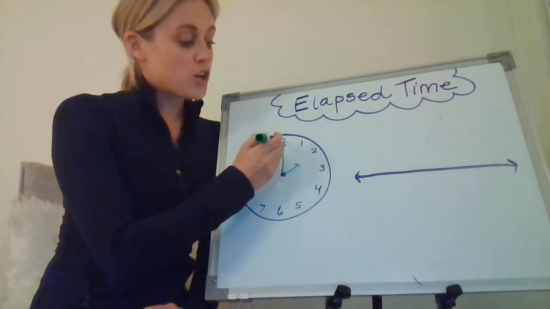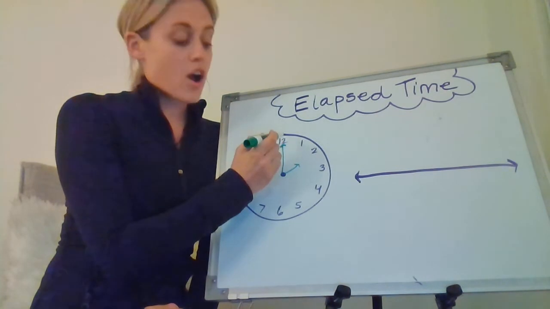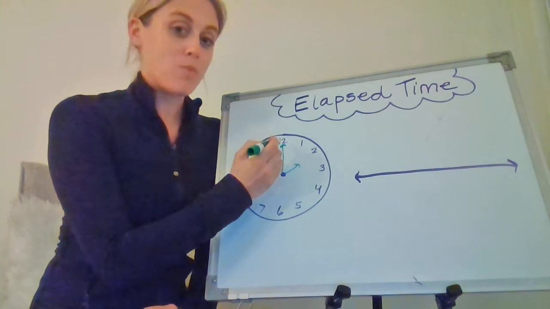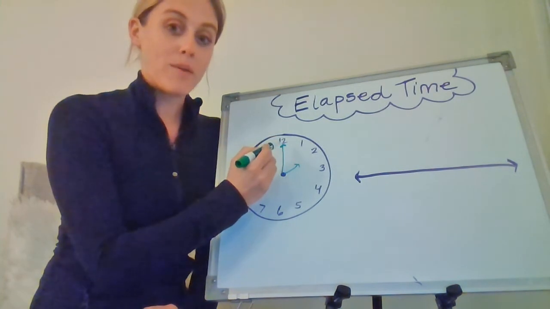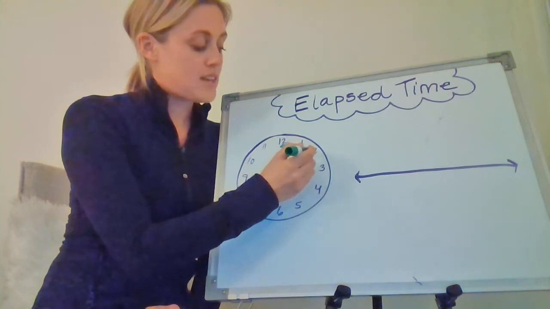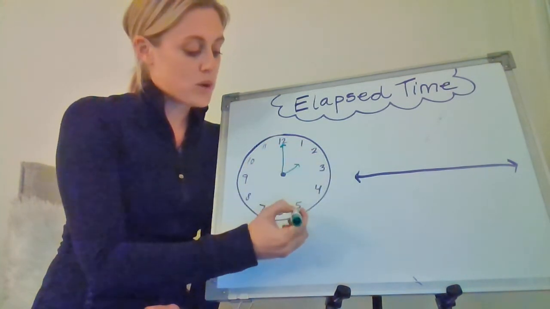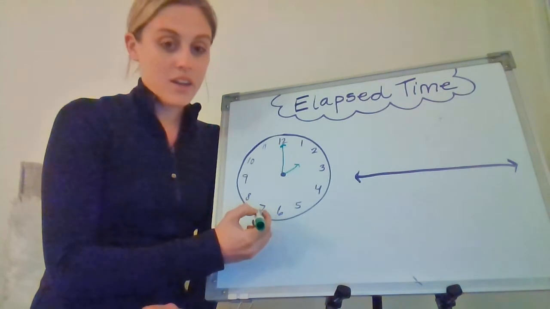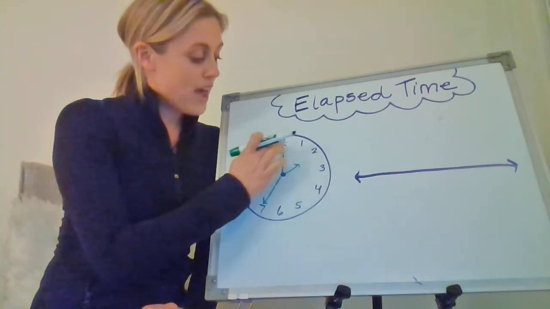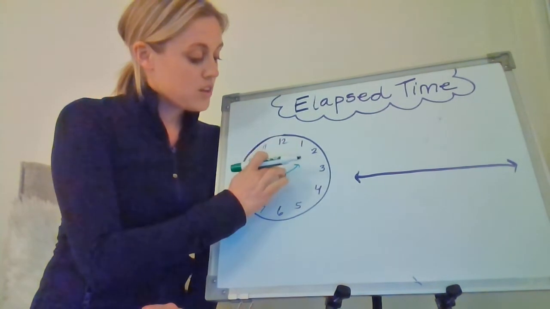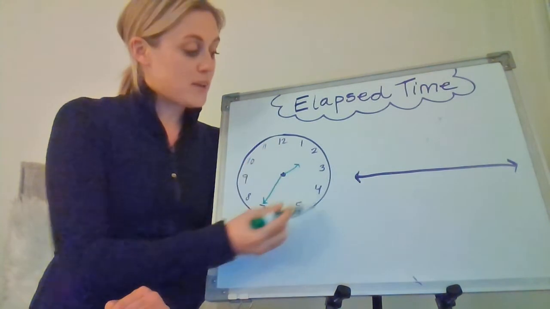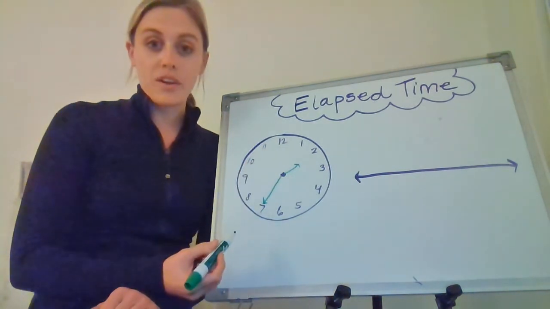We're going to start at the 12 because that's where our minute hand is right now, and we're going to do 35 minutes more and see where our minute hand ends. So we'll start with 5, 10, 15, 20, 25, 30, 35. My minute hand will end on the 7. So if our meeting started at 2 o'clock, 35 minutes later is 2:35.